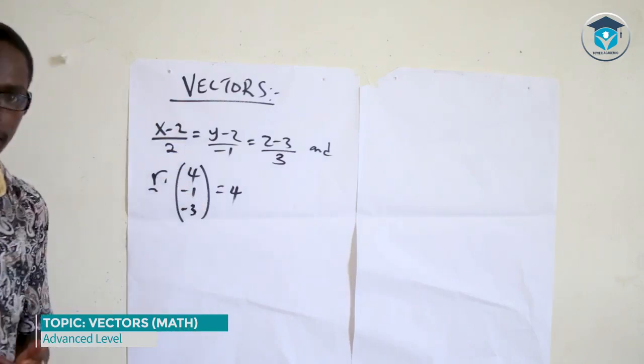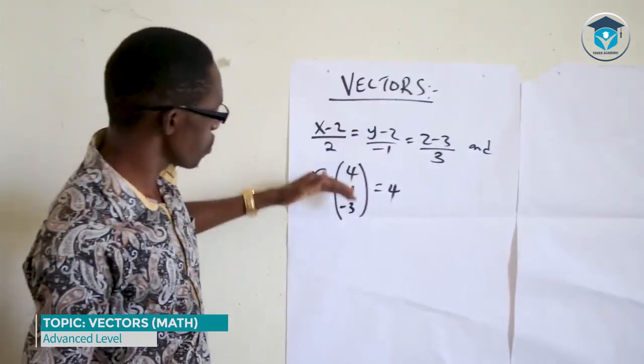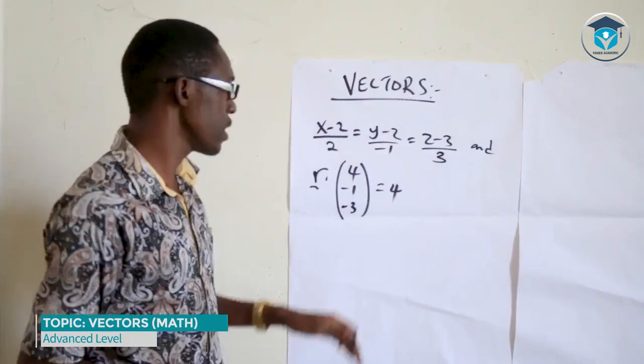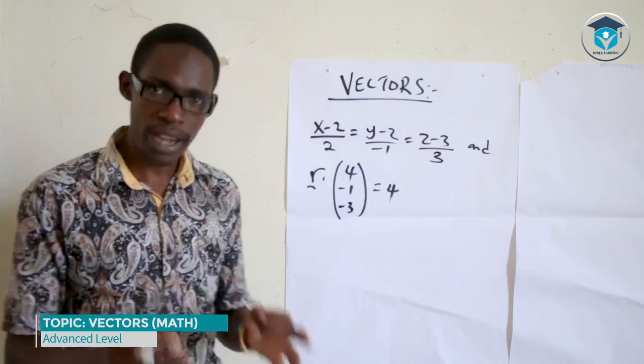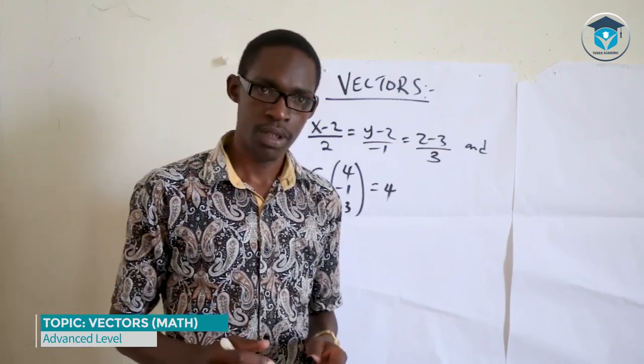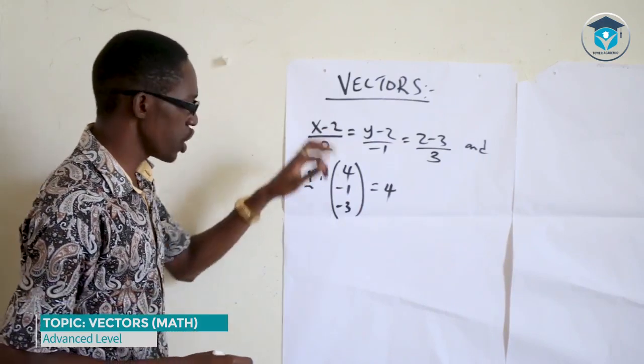So how can you show that these two are parallel, and then also find the distance between this line and this plane? This is what you must know. For a better student to pass this question, we are going to sketch the two.